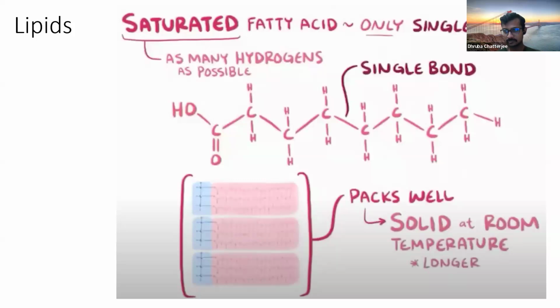This classification depends on whether all the carbon atoms in the hydrocarbon chain are linked by single covalent bonds, or whether between some carbon atoms you have a double bond. If all the carbon atoms of the hydrocarbon chain are linked by single bonds, they are called saturated fatty acids.